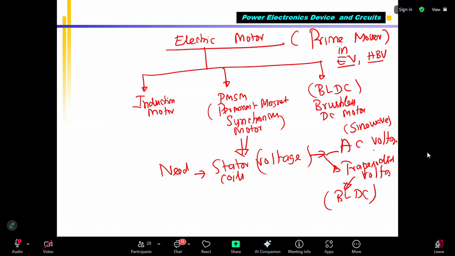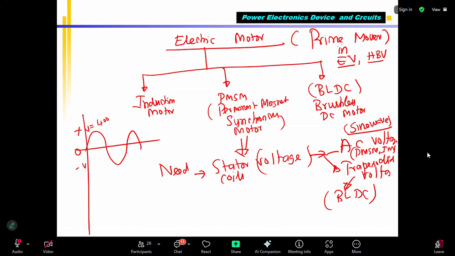Sine wave will be used in PMSM and induction IM. These two will be using sinusoidal voltage like this, varying between zero, positive and negative. The voltage can vary depending on capacity; generally the AC voltage required will be 400 to 600 volts.